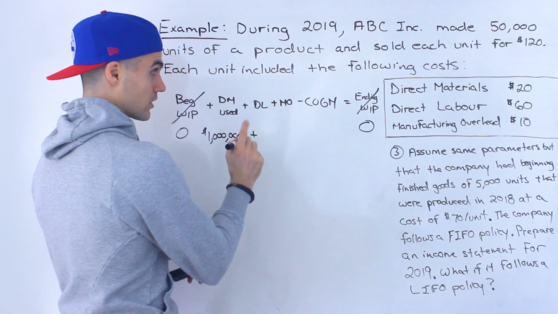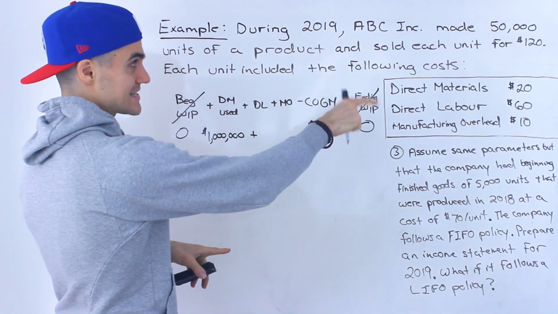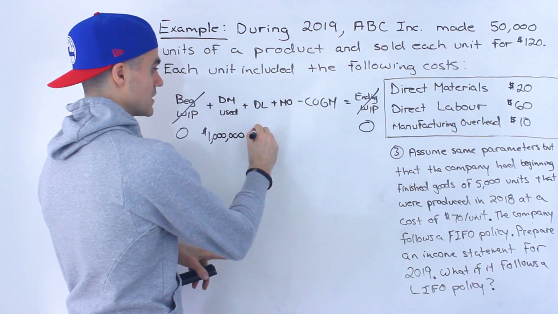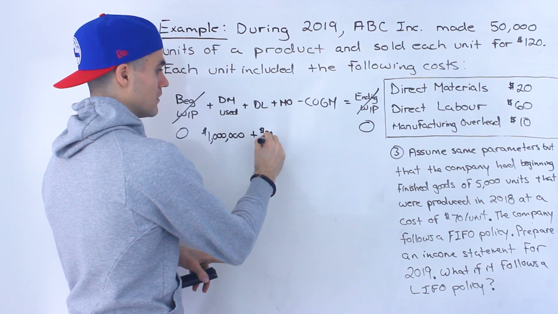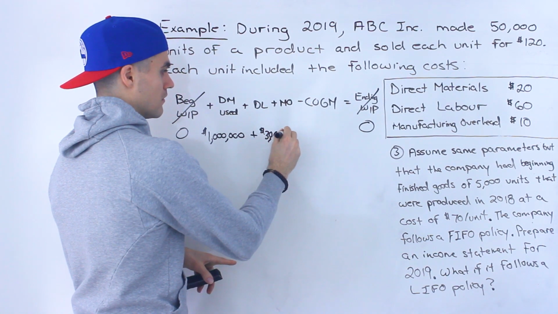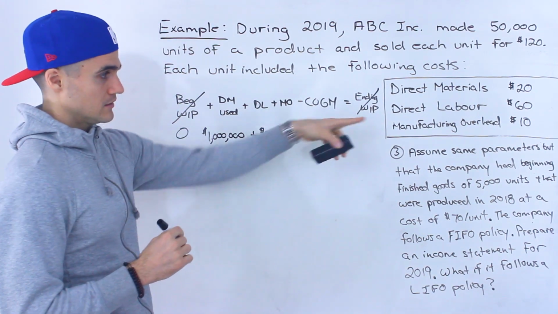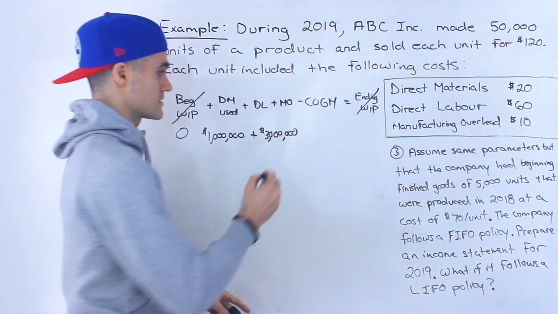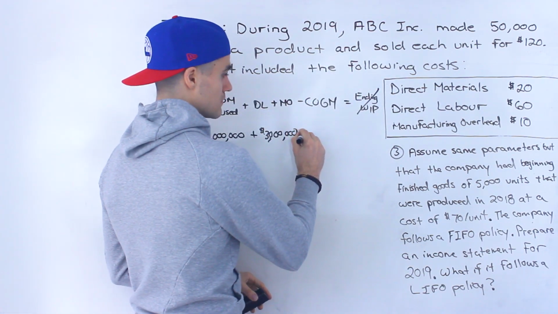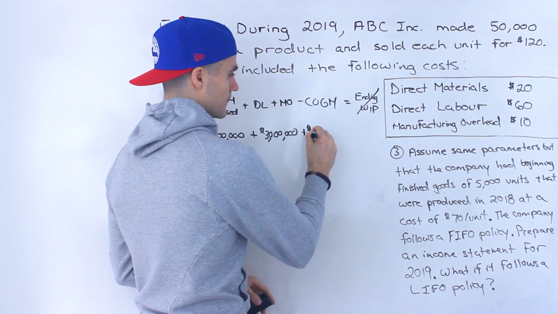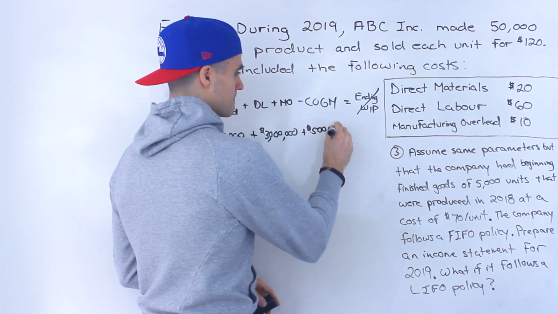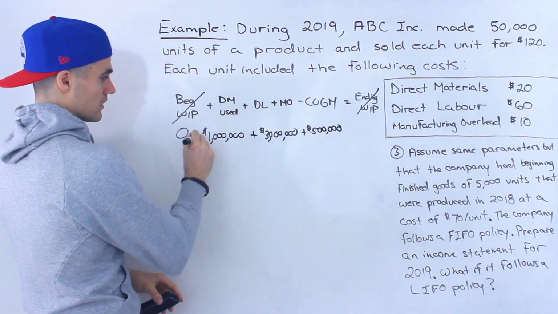The direct labor was 60 times 50,000, which would give us 3 million. And then the manufacturing overhead, $10 times 50,000, and that gives us 500,000. Right, and then we have this 0 here, we're adding that.